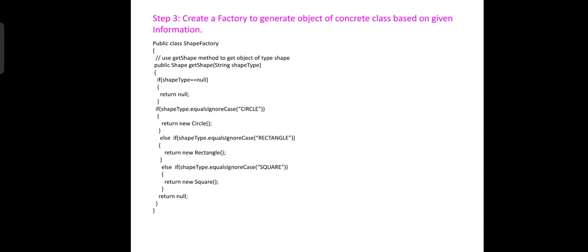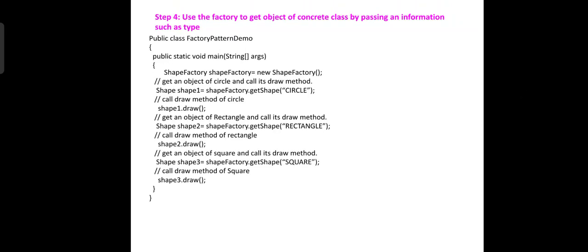It will check if shapeType equals null, then it will return null, and if shapeType equalsIgnoreCase circle, then it returns new Circle, as well as if shapeType equals rectangle, then it will return new Rectangle, else if shapeType equalsIgnoreCase square, then it will return new Square, otherwise it will return null.